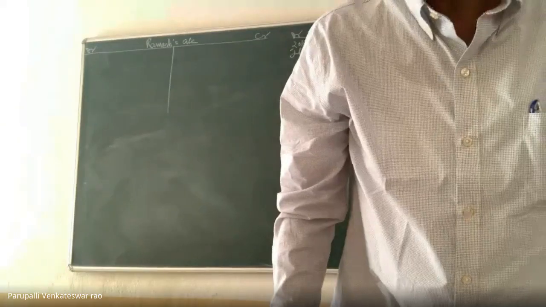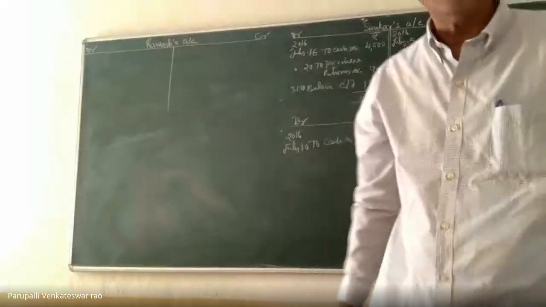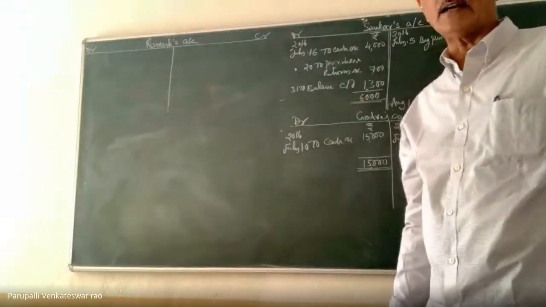On 17th, goods sold to Ramesh. What is the entry recorded? Ramesh account is debited or credited? Debited.